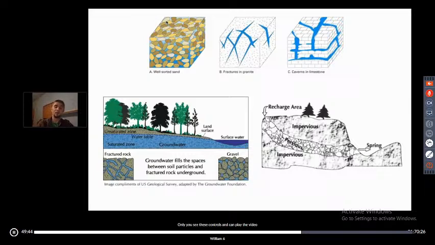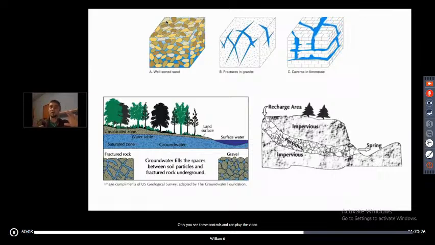So as you can see on the lower right image, you have your water bearing, water holding layer in between two impervious rocks, and you can imagine that's some kind of granite or some kind of fault.